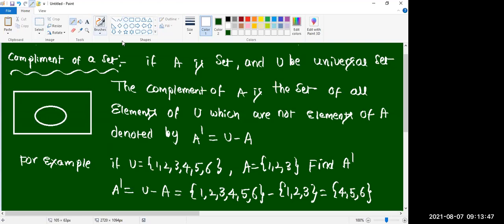This is A, this is the universal set, and this is the A complement. From the universal set, we should delete A.